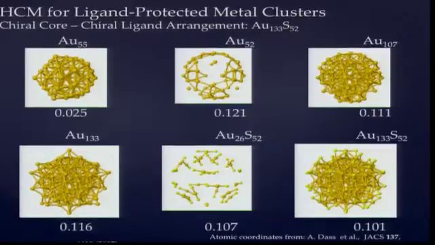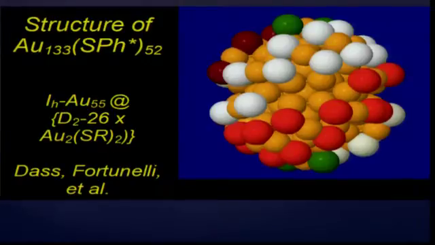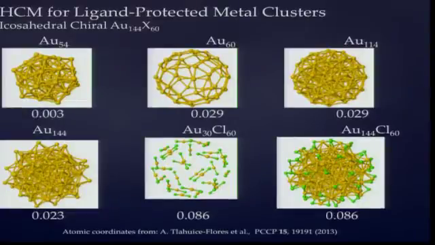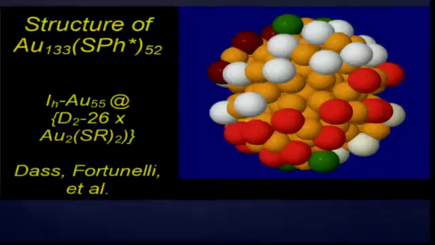All right, so that was kind of a rapid fire tour through these recent results. And now, this was mentioned earlier this morning by Björgi, but the recent structure determination of gold-133 is the closest to determining the location of all the atoms in those chiral icosahedral clusters. It does have something that looks like a chiral icosahedral core, but then it really has a profoundly chiral, in fact D2 symmetry relation of all the ligands around here.